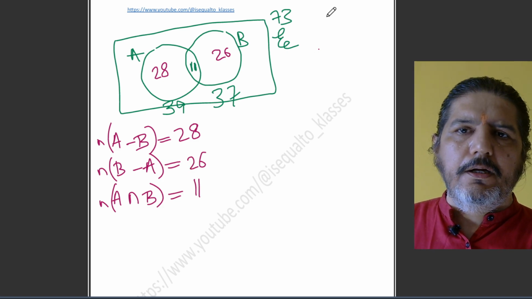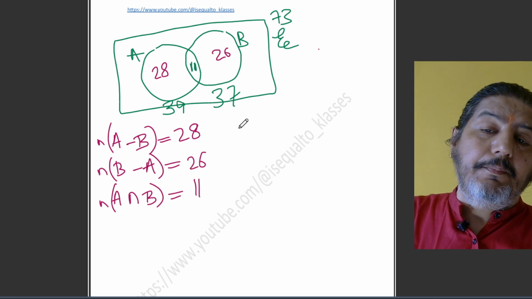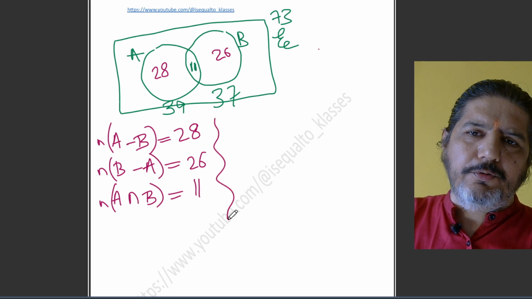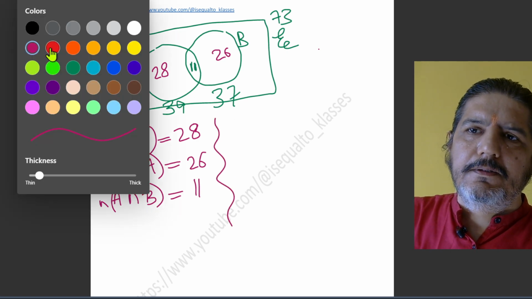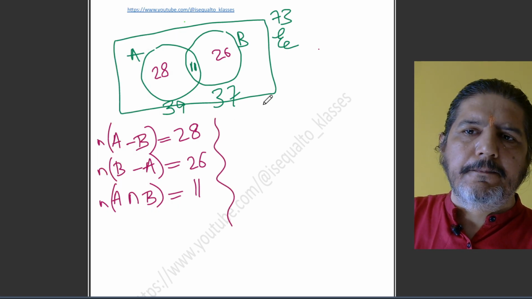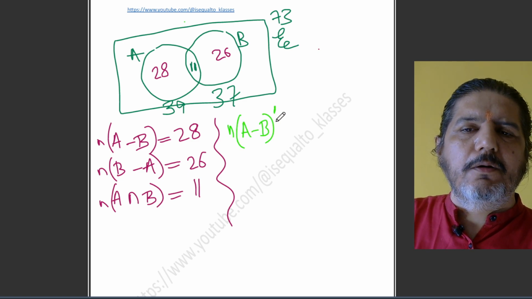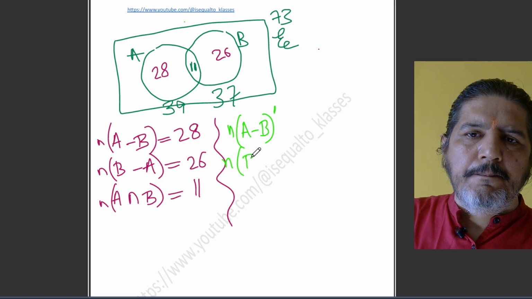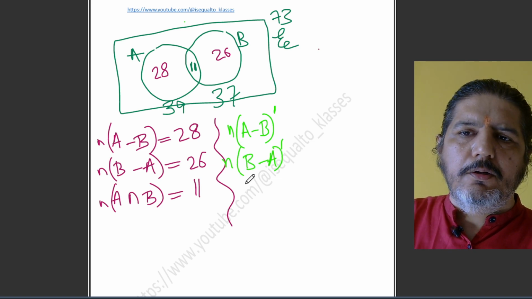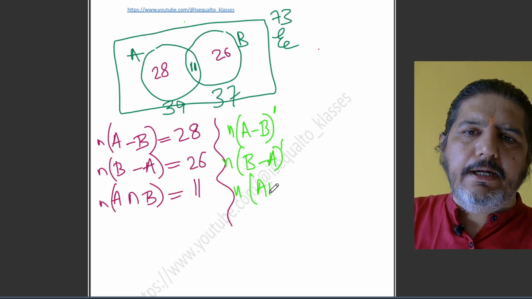Now let's ignore the question for a while, and I'll share some other things here. For example, if I have to find the number of elements in A minus B complement, or B minus A complement, or A intersection B complement.